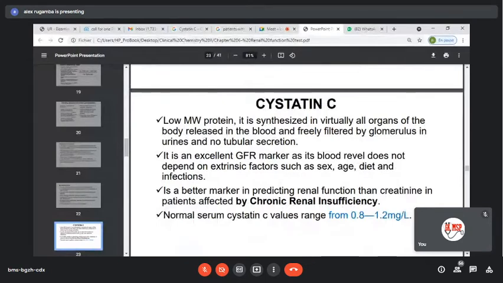The other marker that we will check for glomerular function is cystatin C. This has a low molecular weight and is synthesized virtually in all organs of the body. It is freely filtered in the glomerulus, and there is no tubular secretion.